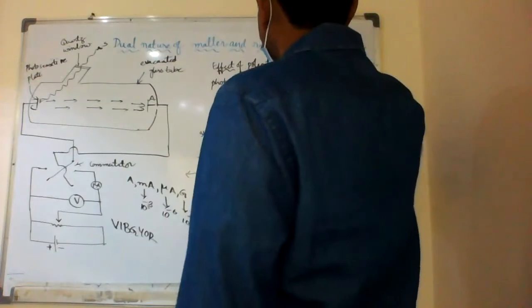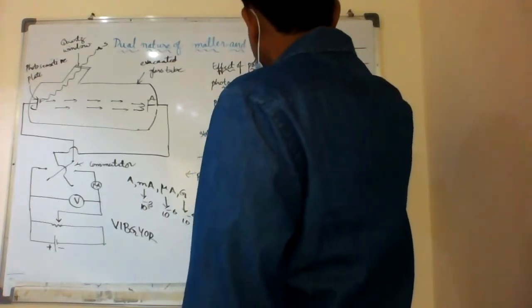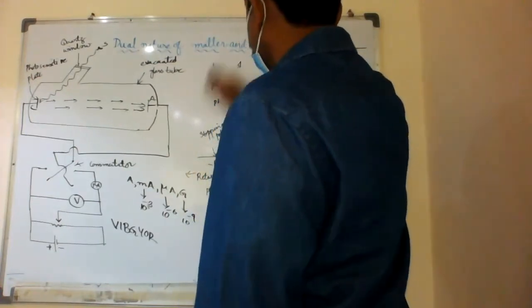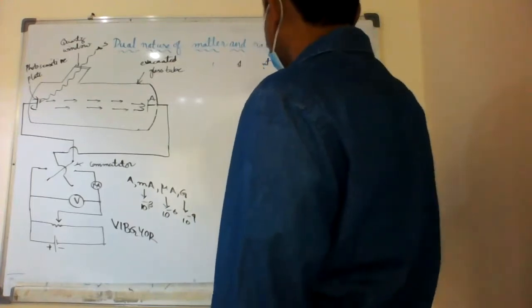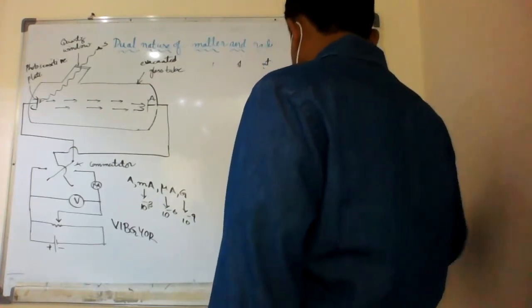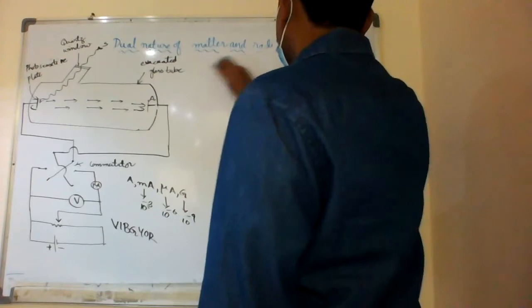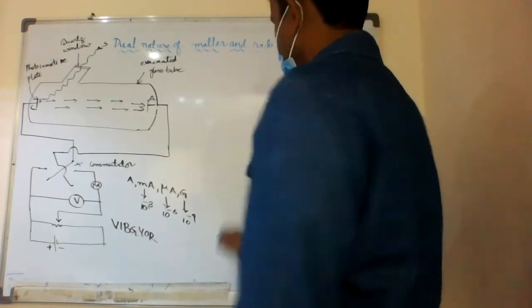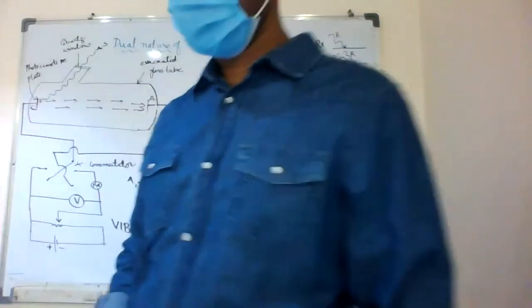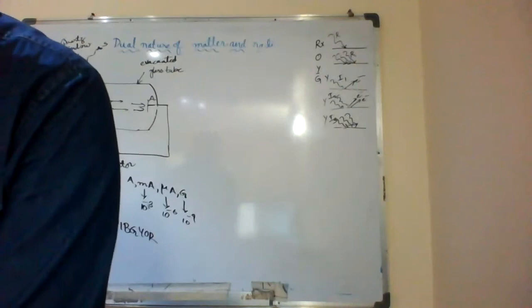Now, what is the definition of saturation current? Most of this lesson is definitions, and after that Einstein's equation, one equation is there. That's it. Not much is there in this lesson, a small lesson. Now write the definition.